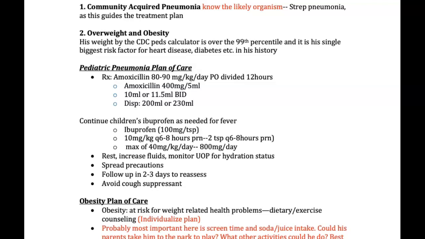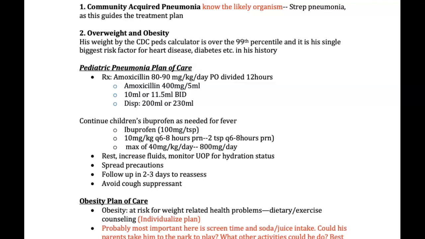But the plan of care for the pediatric pneumonia, first line treatment, since he does not have an allergy to penicillin, would be amoxicillin, 80 to 90 mg per kg per day, divided in 12-hour dosing twice a day. And we're going to use the larger concentration so we have the least amount of liquid. So the amoxicillin, 400 milligrams per 5 mLs.